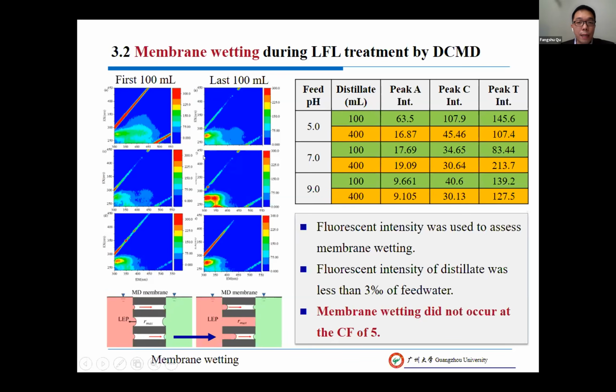The first and the last 100 milliliters of distillate were sampled and detected, and the fluorescent intensity was compared. It was found that the fluorescent intensity did not significantly change. This indicated that the membrane wetting did not occur when the landfill leachate was concentrated by 5 times.